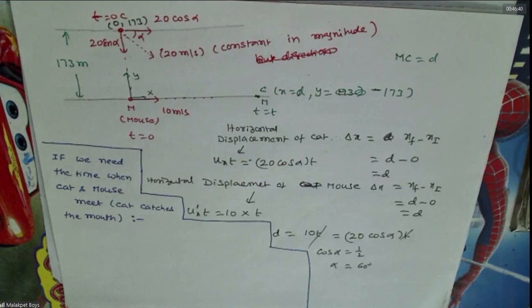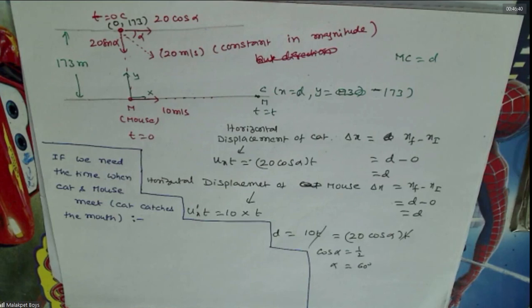The y component is 20 sine alpha into t. There is no acceleration. Do you agree with this or not? This should be minus, no? Because it is downward. Do you agree?